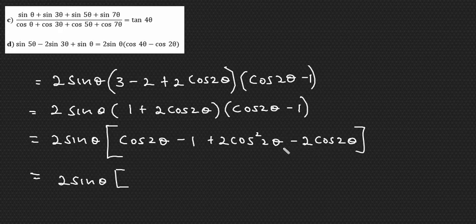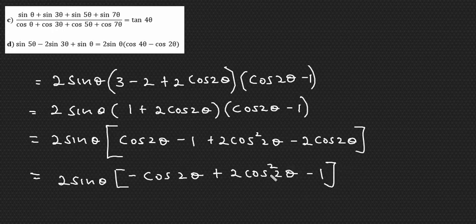This is 2 sine theta. So now we are seeing here we have cos 2 theta and negative 2 cos 2 theta. So this gives us a negative cos 2 theta, then plus 2 cos squared 2 theta, and now we shall be having a minus 1 here.